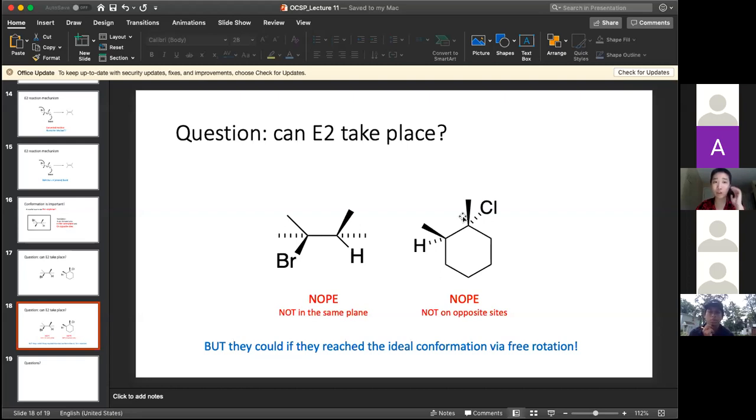So we don't have a problem with that. What we have the problem with is that they're cis to each other. So to solve that problem, you just swap the methyl and the chlorine on the alpha carbon. That way your H and your Cl are still in the same plane, but they're trans to each other. Okay.